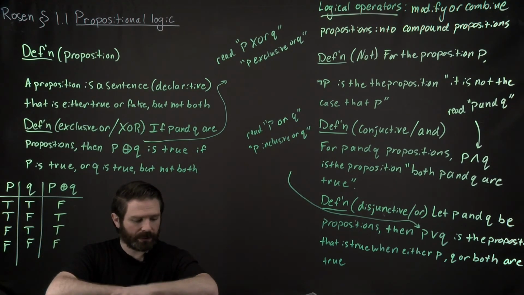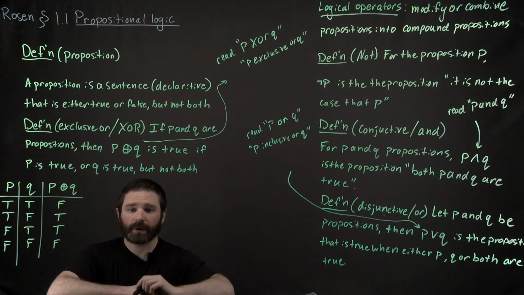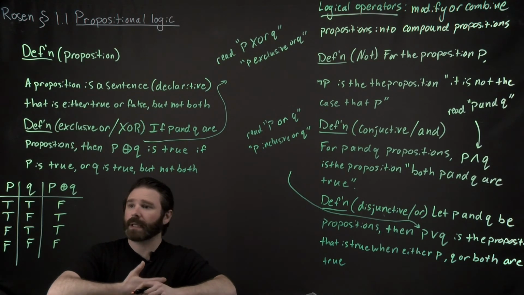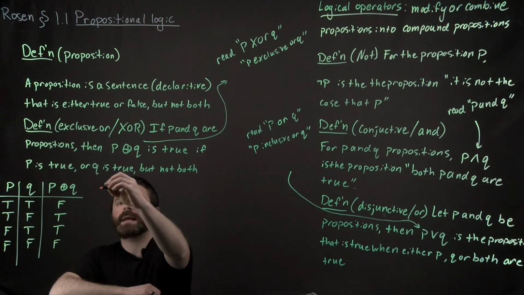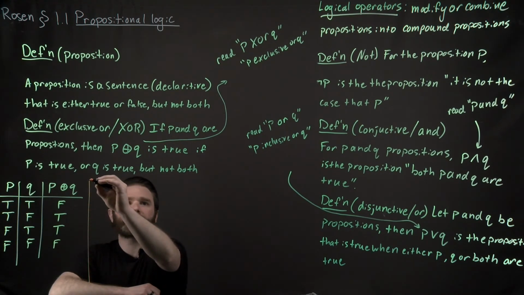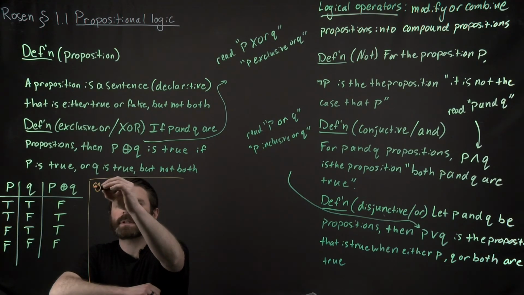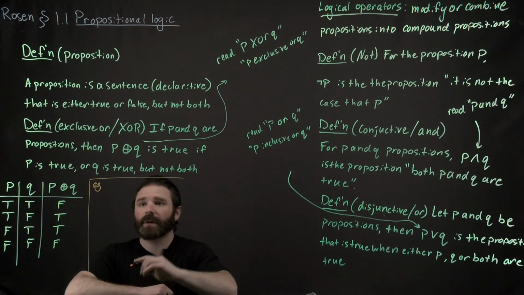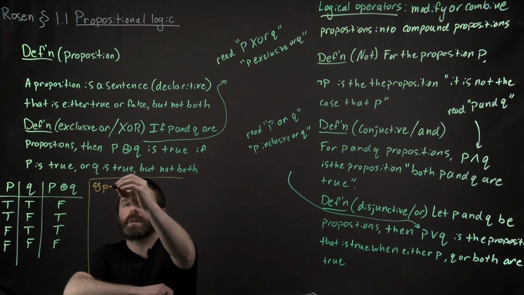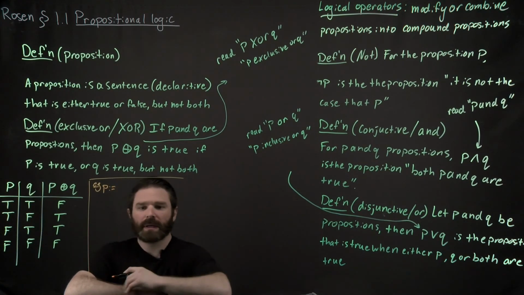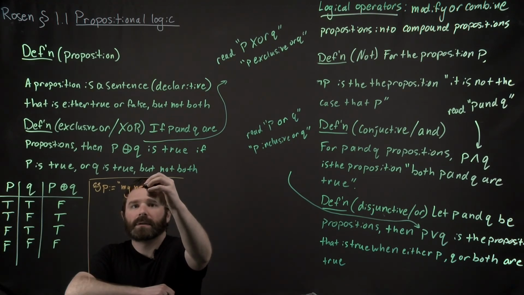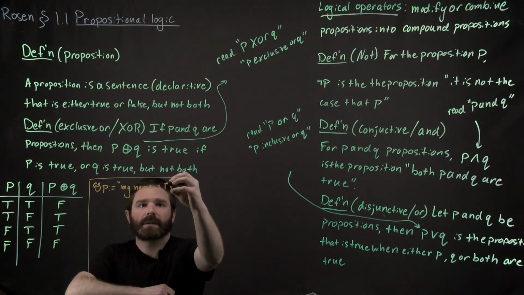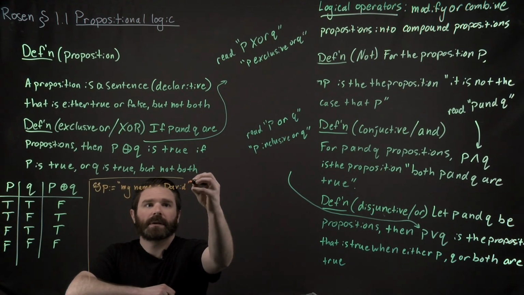So it might help to look at a couple of further examples to illustrate this exclusive or right here. So let's go ahead and look at an example. In this particular example, let's go ahead and define the following propositions. P is the proposition my name is David.